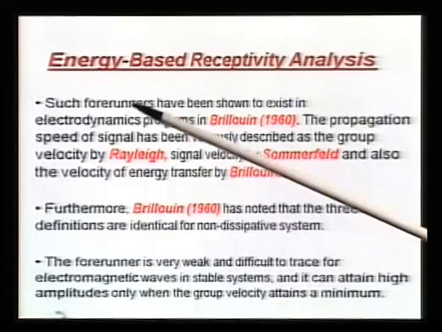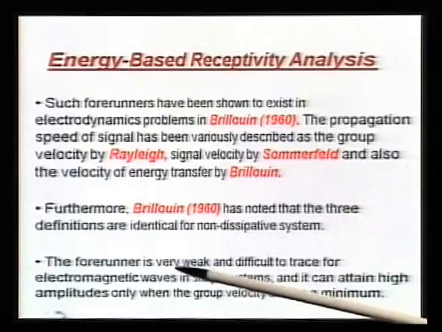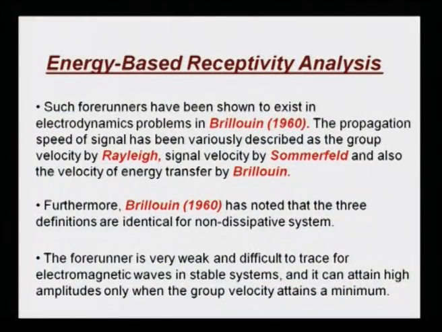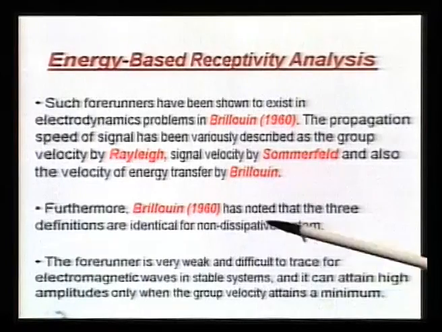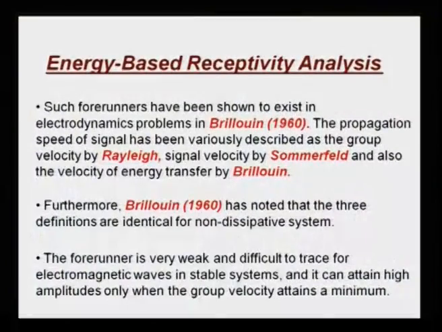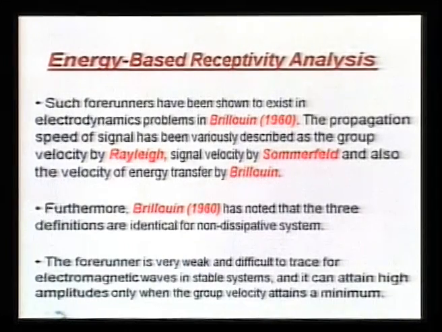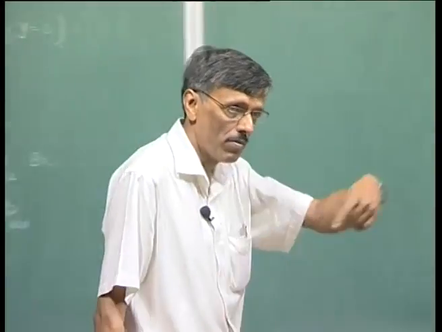However, for problems of electrodynamics, this forerunner is very weak, and it has been extremely difficult to trace it for electromagnetic waves in a stable system. However, Brillouin also noted that if you are trying to look for it, you will only look for it for the condition where the group velocity attains some kind of minimum.